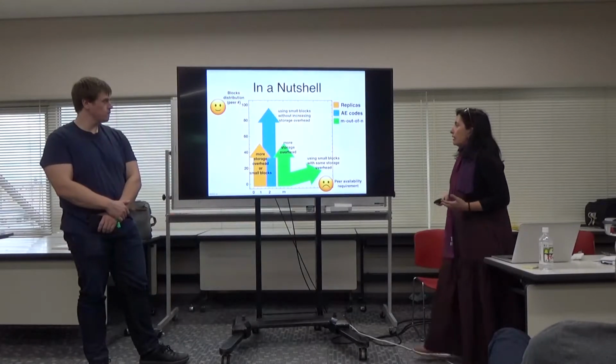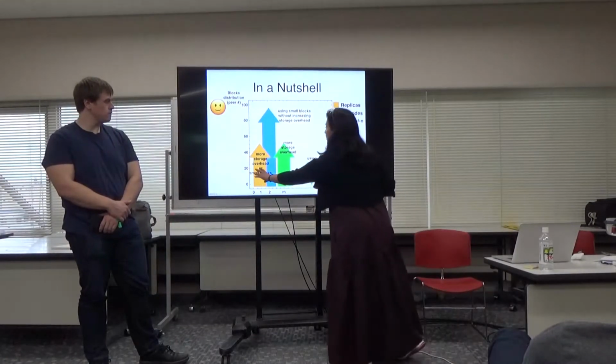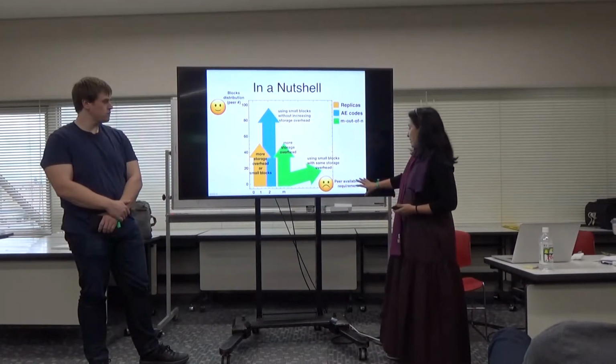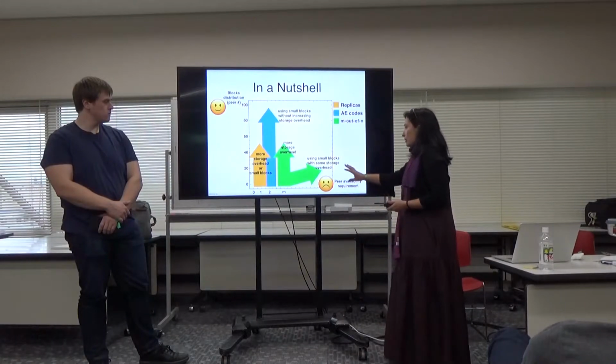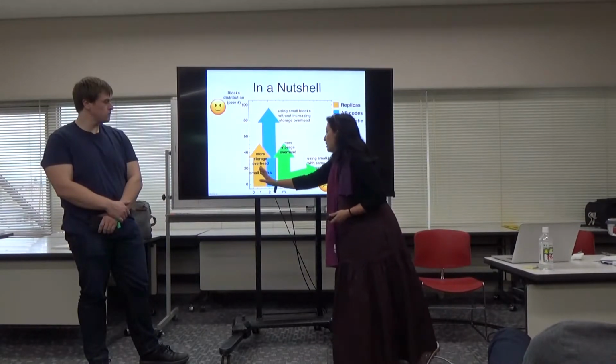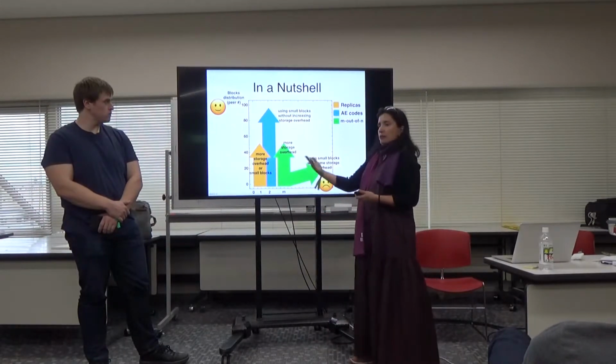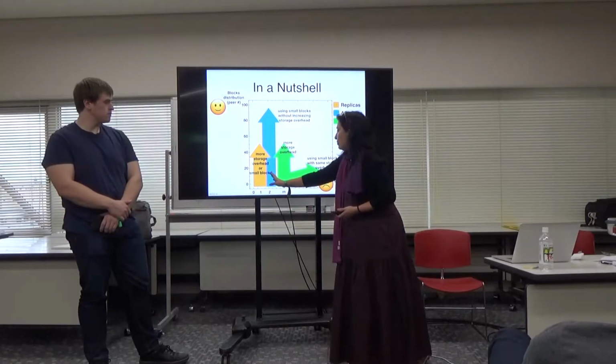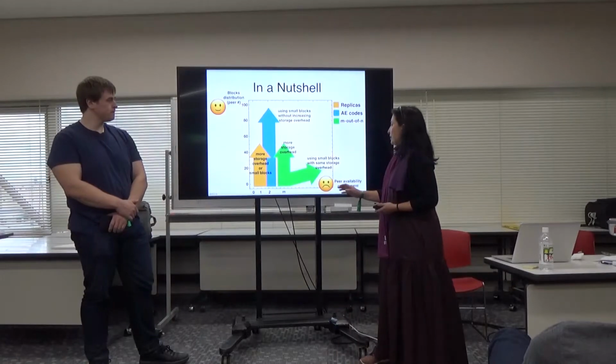So in a nutshell, here are replicas. With replicas, the peer availability requirement is best, because it's just one peer that you need. In entanglements you always need 2 peers for doing the repairs.